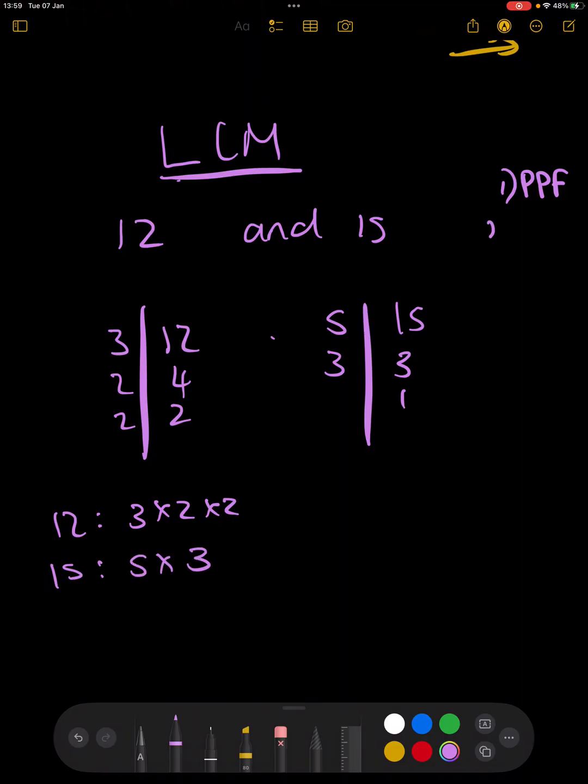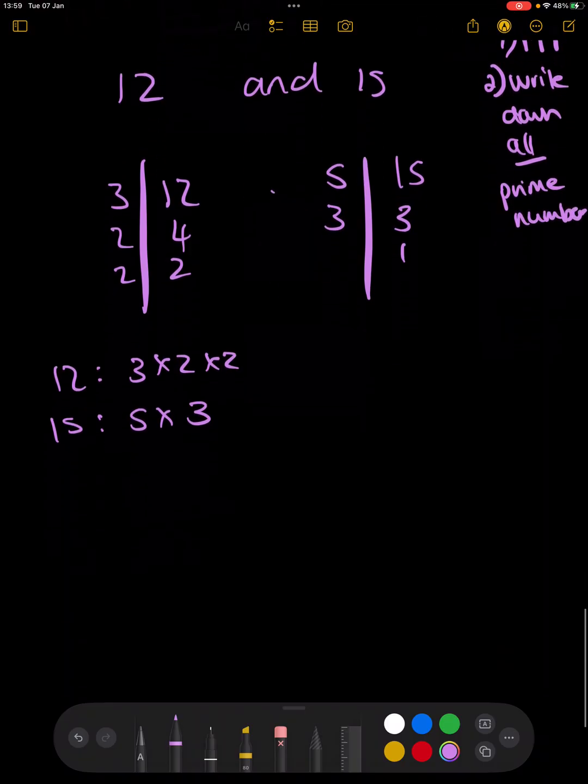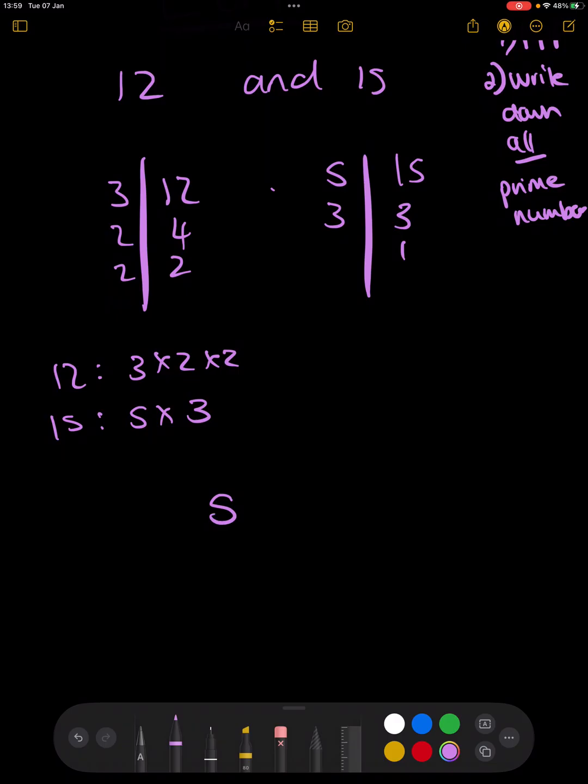So with the previous one we made groups. Now we are not going to make groups. We are going to write down all the prime numbers we had as answers. So if we go have a look, there was a 5, there was a 3, and there was a 2 that came up as prime numbers that divided in here.